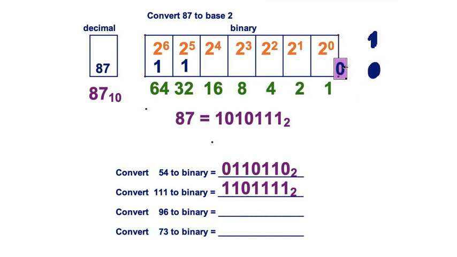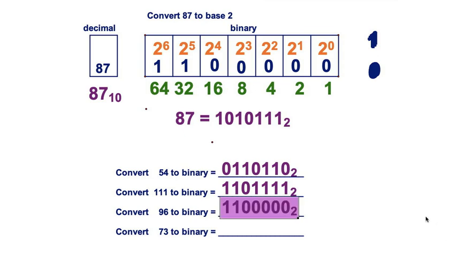And we need to put in the placeholders. We've got 0, 0, 0, 0, and 0. That is the number 96 in binary. Remember, when you are writing the binary, to include the 2 in the subscript. And let's see, what else we got there?